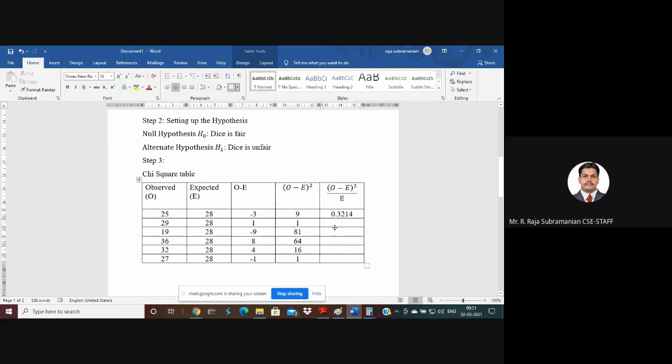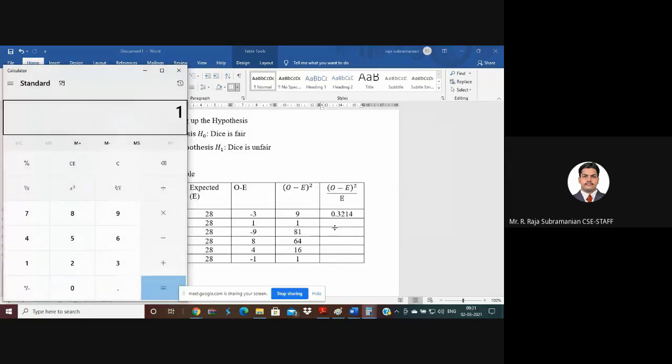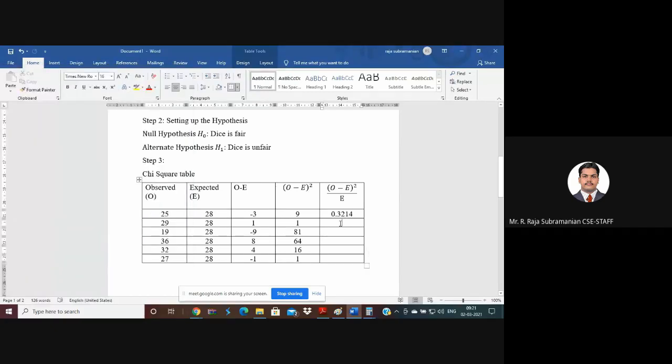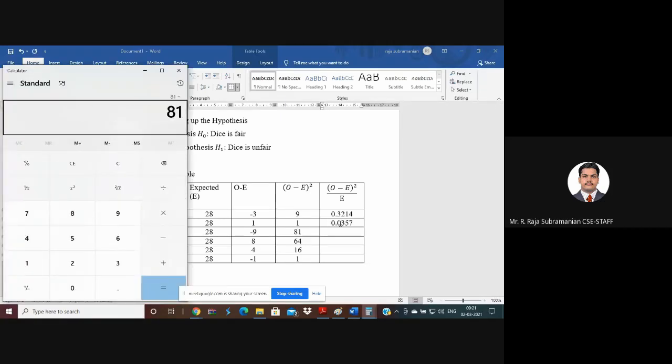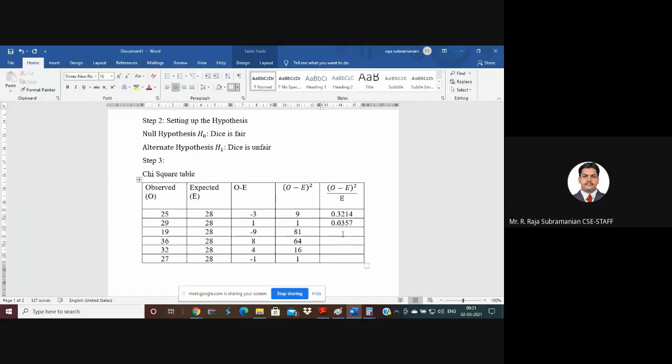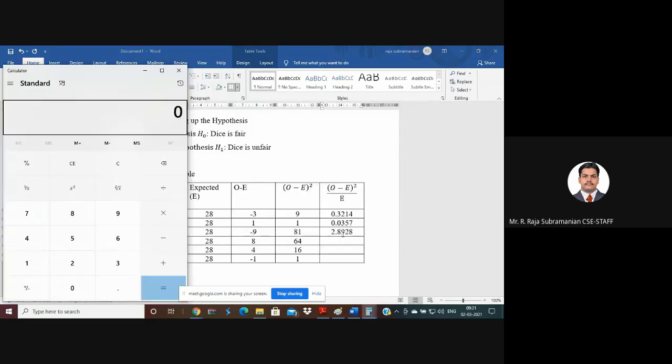Now 1 divided by 28 is 0.0357. And 81 divided by 28 is 0.8928. 64 divided by 28 is 2.2857.